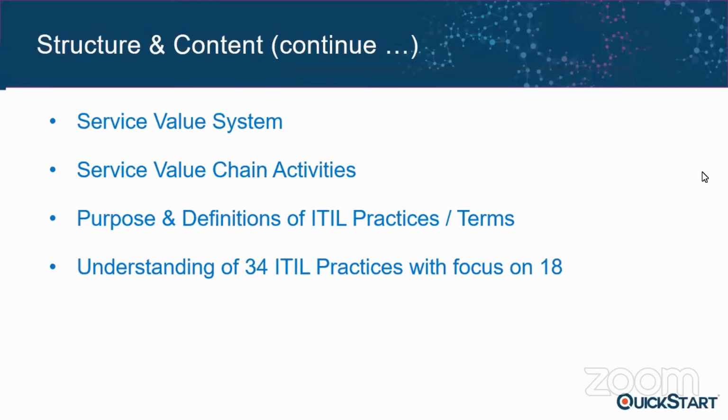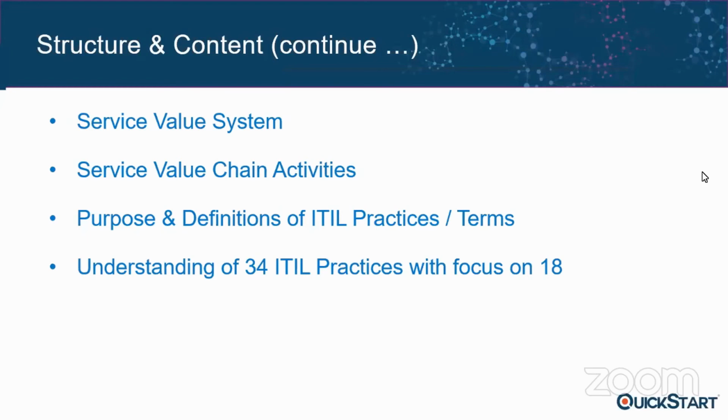And the last two topics you see here: purpose and definition of ITIL practices, and understanding of 34 ITIL practices. They talk about the different processes we have already discussed in the different phases of the service life cycle in version 3. They have modified some titles.